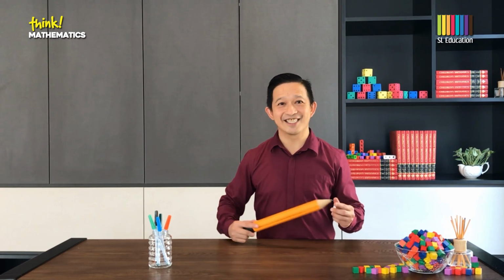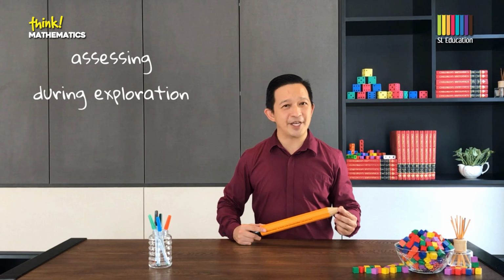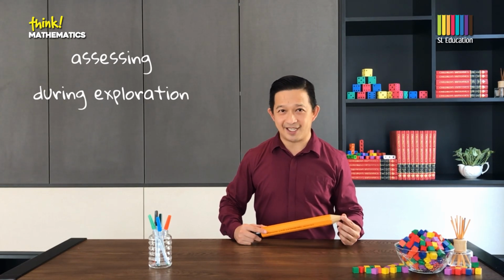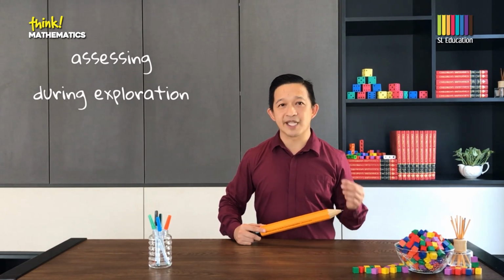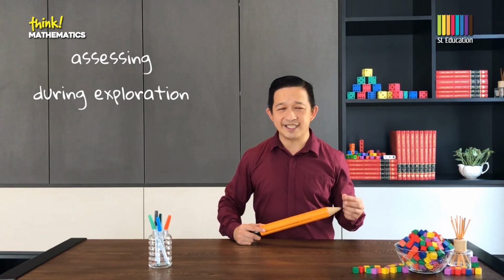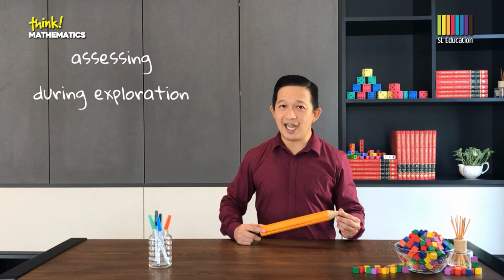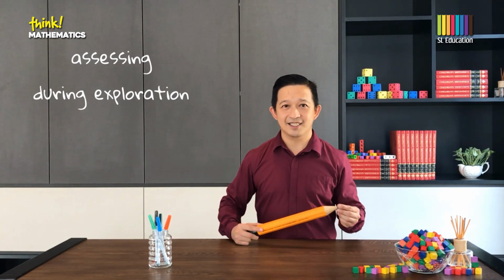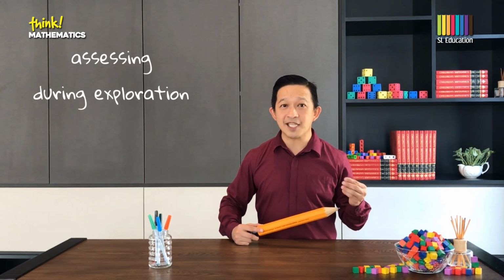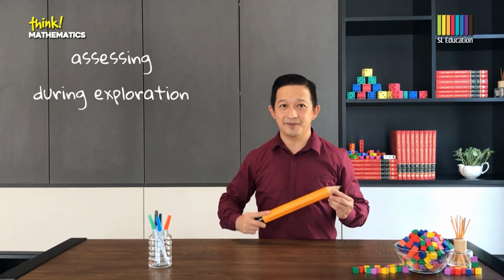So when can we do the assessment? Throughout the lesson. We can assess them during the exploration when they're working together. We can observe them from afar, listen to their ideas, the things they talk about. So I can assess as a class, how are they progressing towards the targeted level of learning?